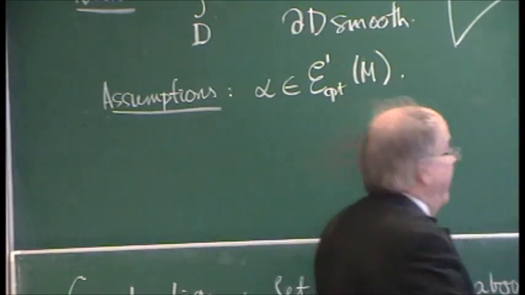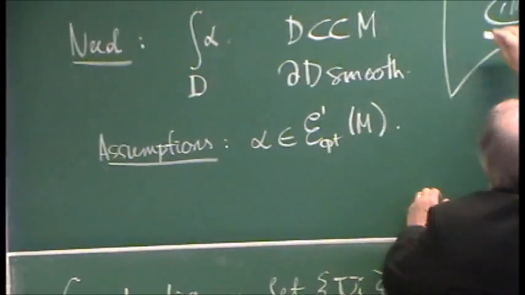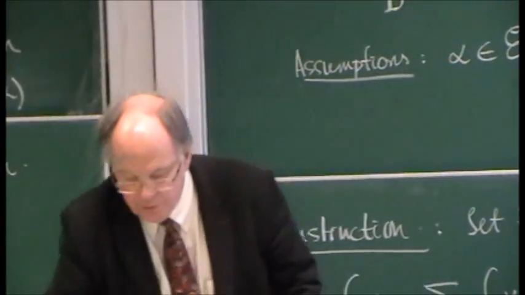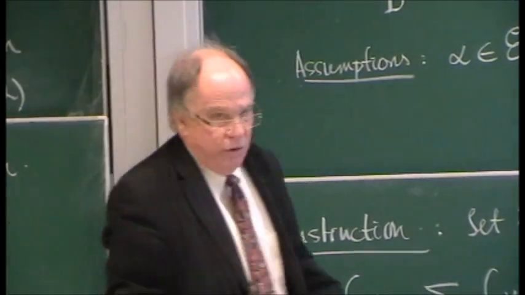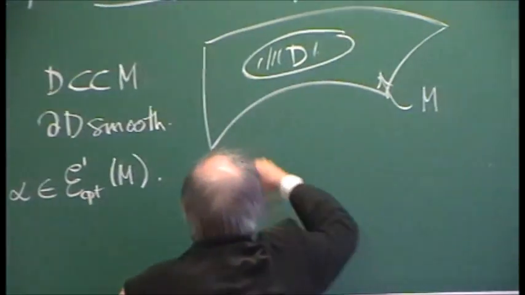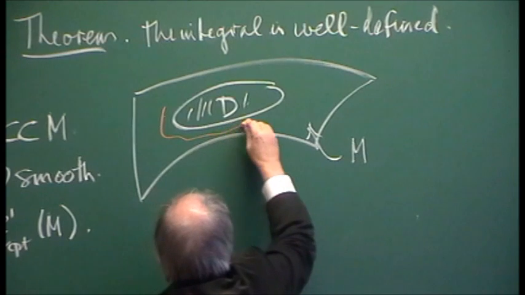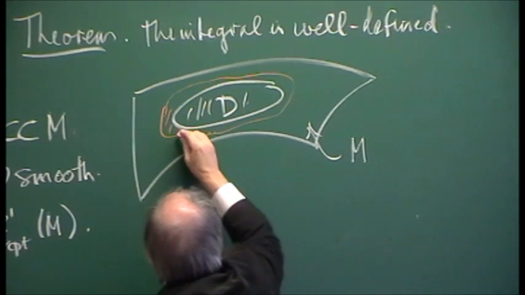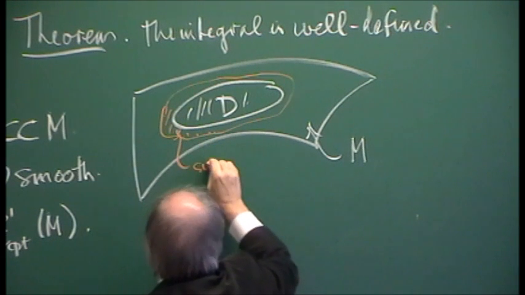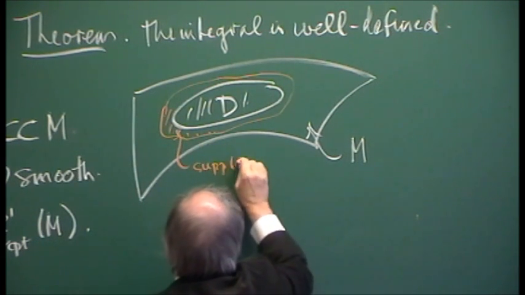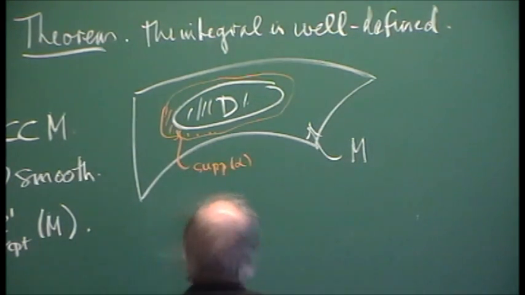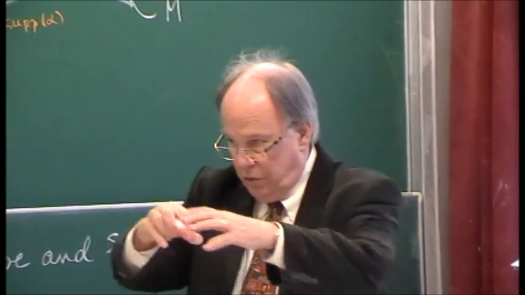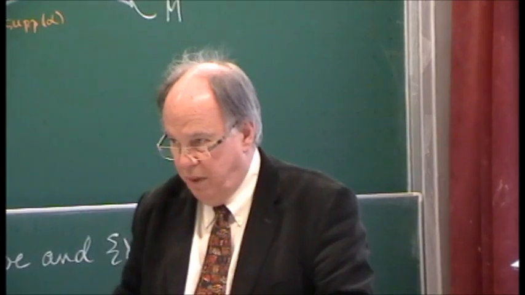Alpha lives on M. If I just say it's defined on M and has compact support, what I can do, and I will do this always, is cut off its support so that its support is very, very near D. I can always assume that the support of alpha is arbitrarily near D, and I'm going to show you how to do that, okay? But again, you give me D, it should have a smooth boundary.